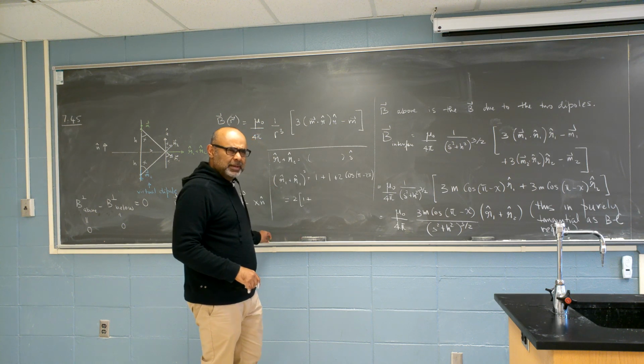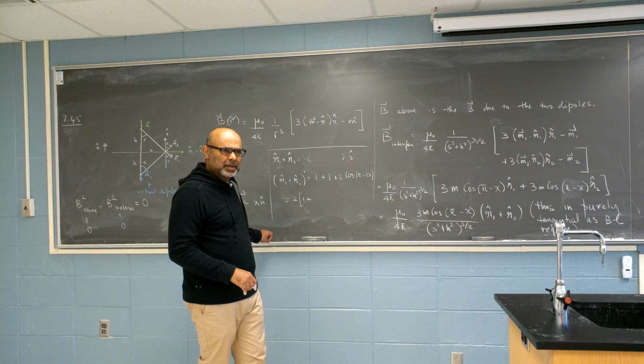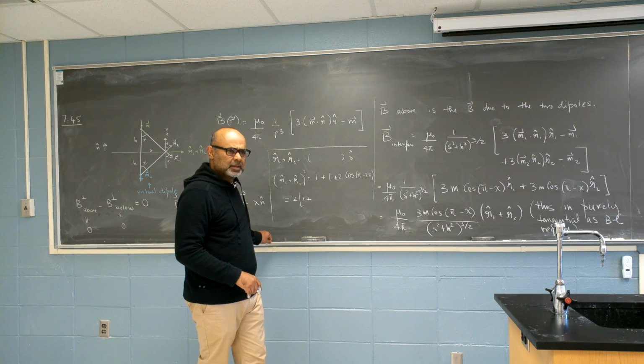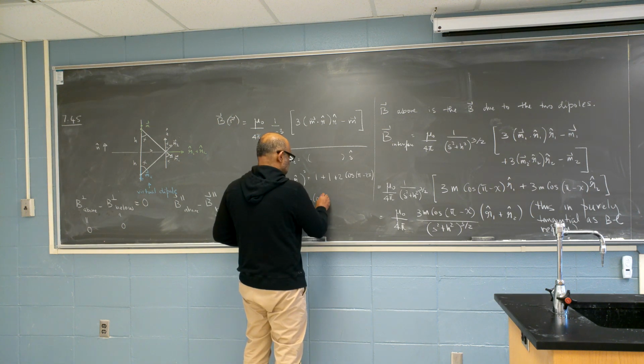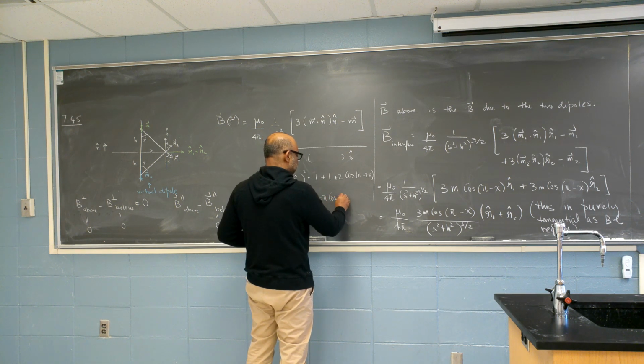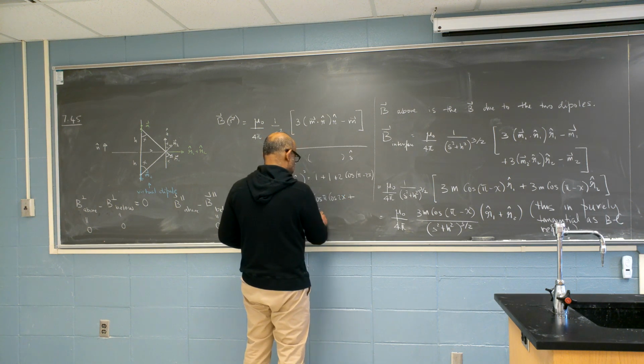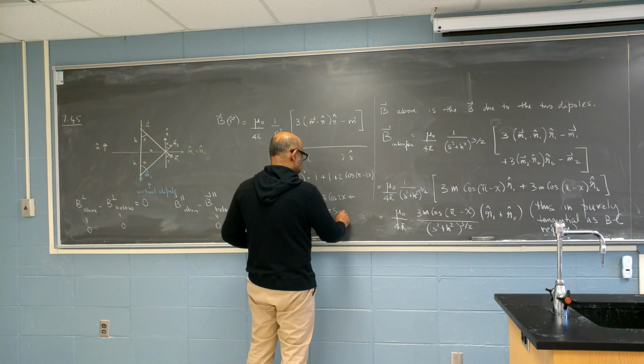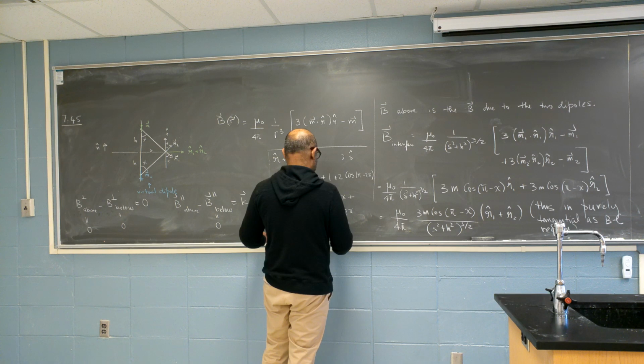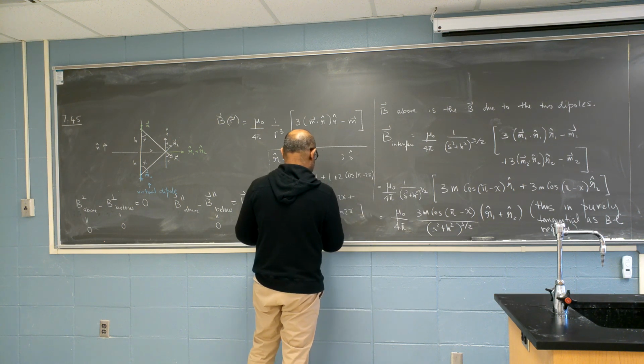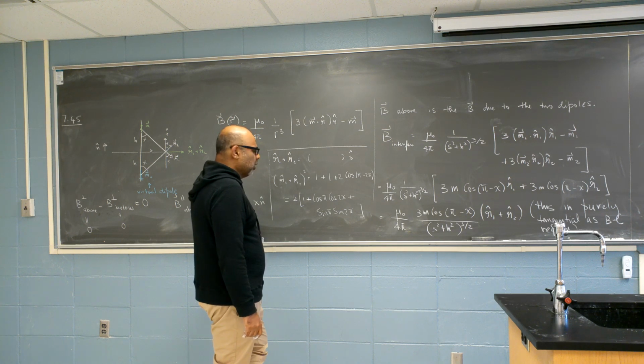It's cosine A cosine B plus sine A sine B. What is cosine of pi?